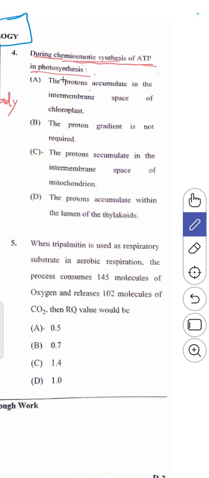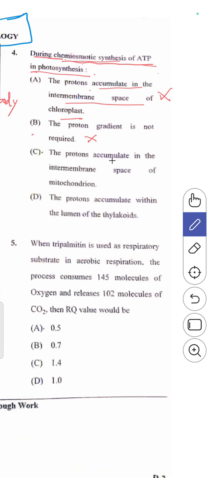Let's discuss which is appropriately explaining the chemiosmotic synthesis. A, the protons accumulate in the intermembrane space of the chloroplast, so this is wrong. The protons will not accumulate in this intermembrane space. Then B, the proton gradient is not required. The proton gradient is actually needed in this chemiosmotic hypothesis. So this one is also wrong.